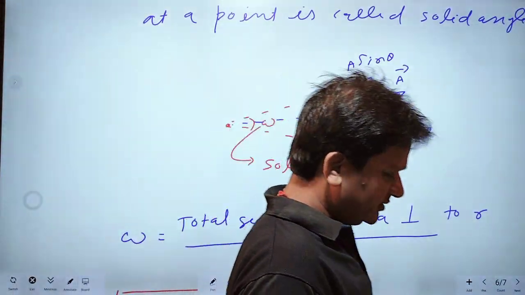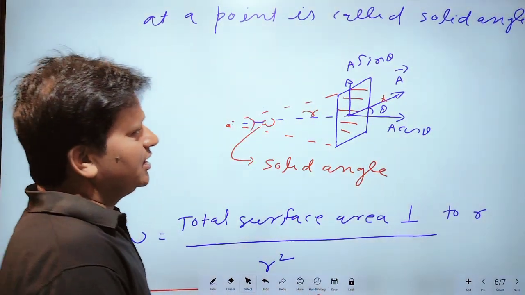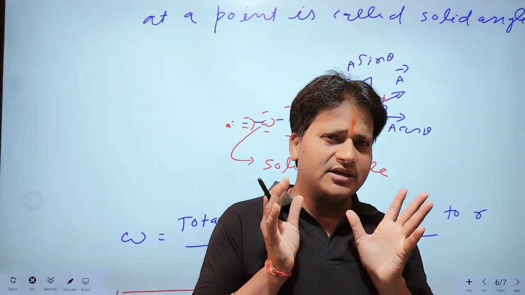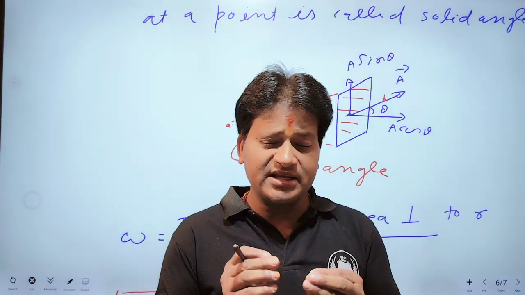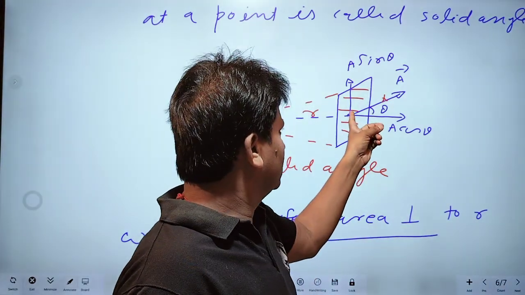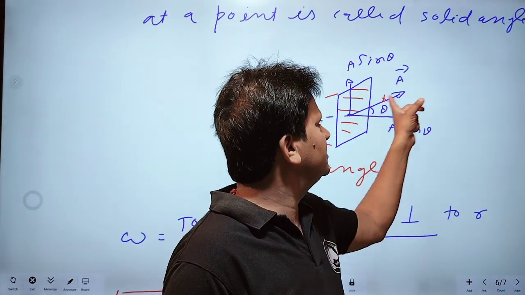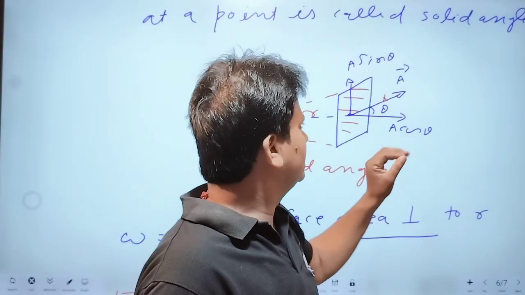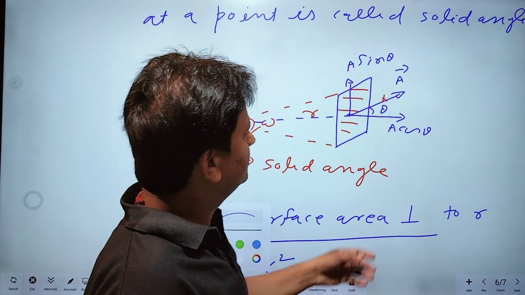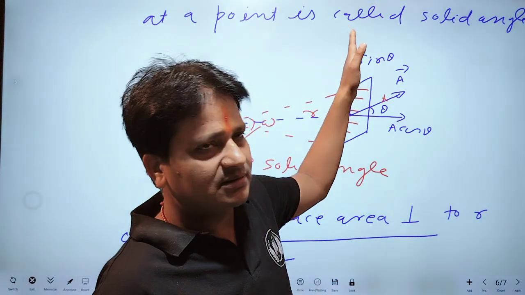I have already taught you in the vector chapter, area of parallelogram, area of triangle. Area is a vector quantity whose direction is perpendicular to the surface. Suppose this is the surface and it has direction in this direction, and we break this vector into two components, a cos theta and a sin theta.